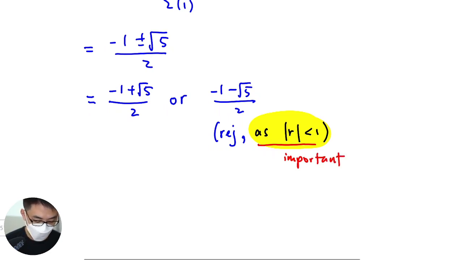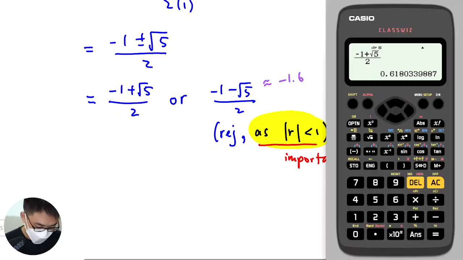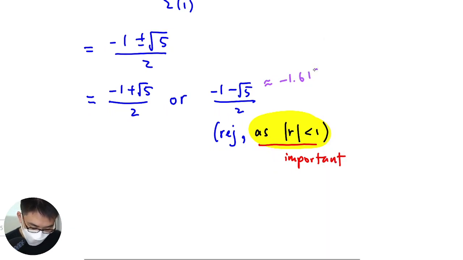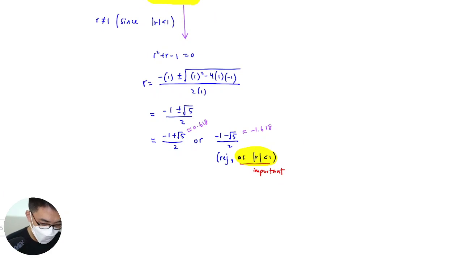Let me just write down the value. Okay, so proven.